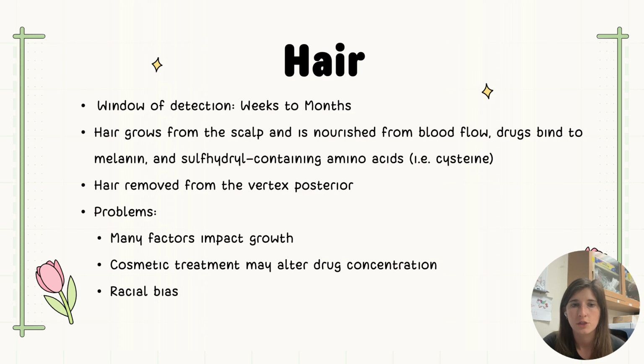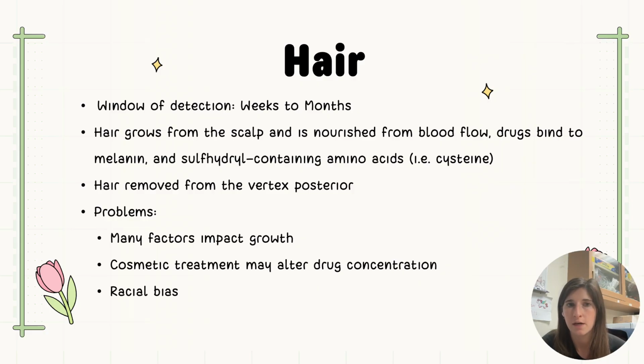So our hair doesn't continually grow, it grows in cycles. So this can also be something that has to do with hair length, and at what point the drug is deposited into the hair.